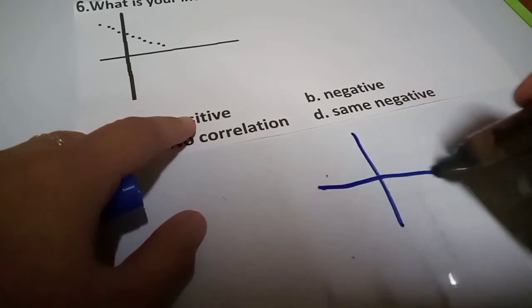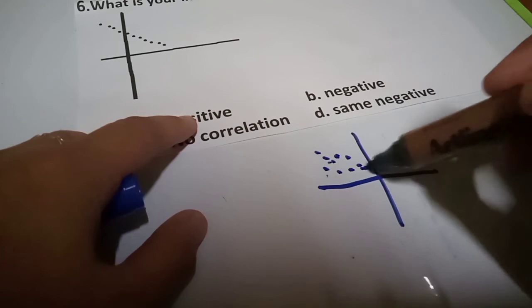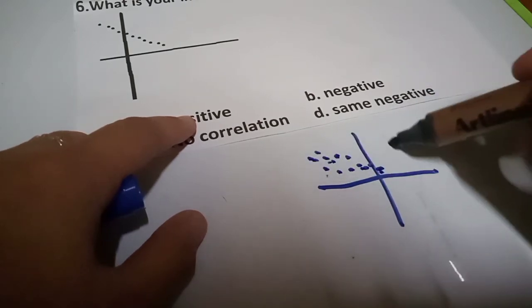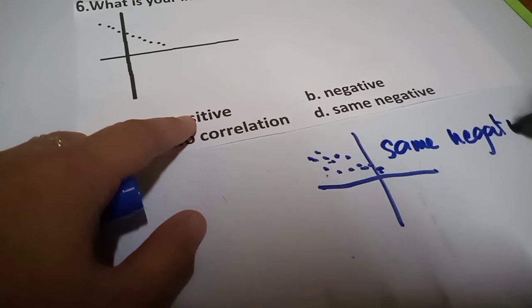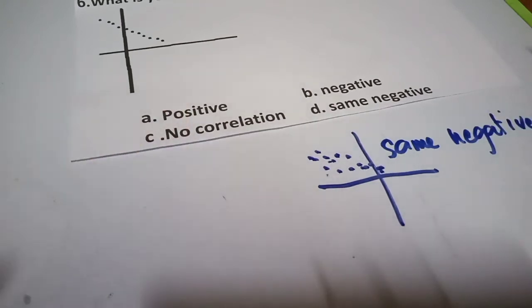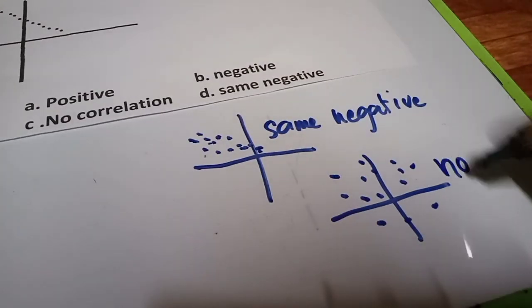If this is my scatter plot, that will be a similar negative. So don't be confused when interpreting the correlation. And if you have no correlation, that will be no correlation.